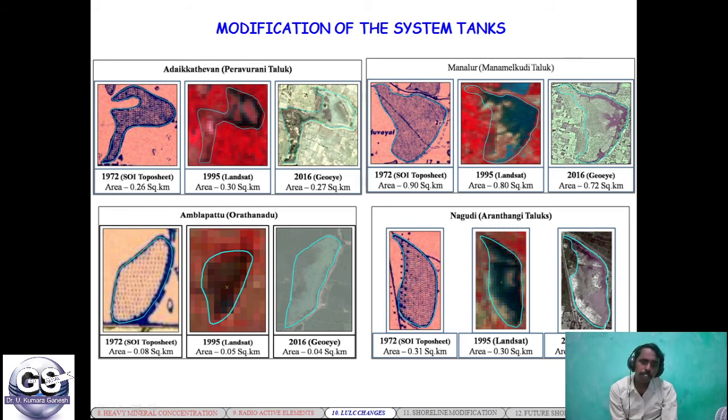Further, in the study area, followed by the agricultural land, system tanks are noticed with a major land modification.